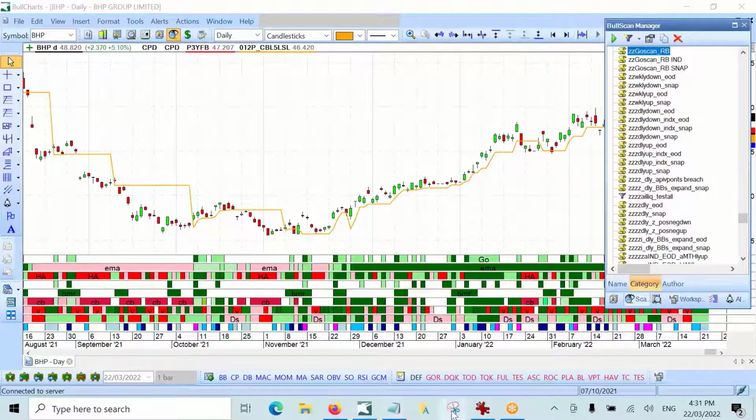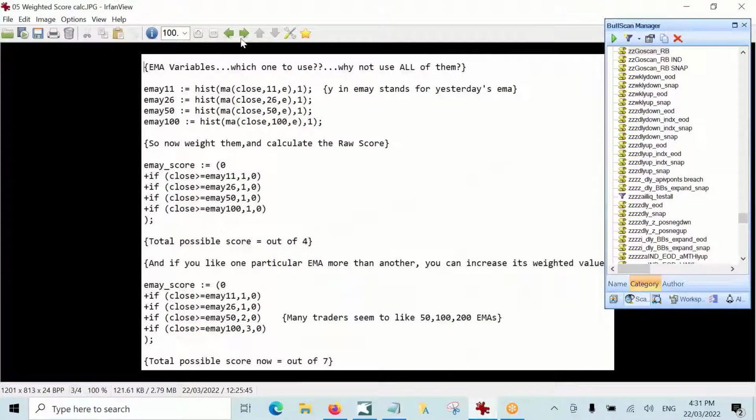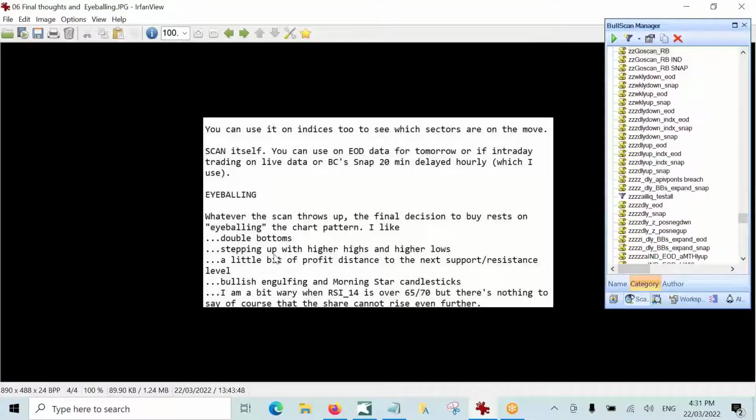Just one last slide, just to show you the techniques I use when I'm looking at the charts themselves. You can use this GoScore indicator, as I do, I've got it up here, to see which sectors of all the indices are on the move.